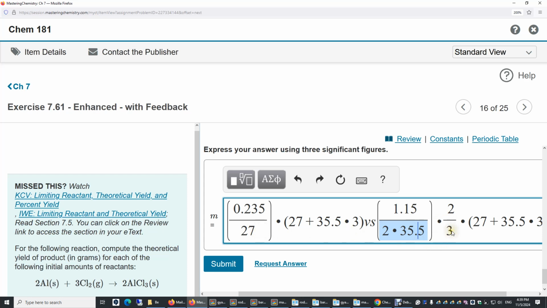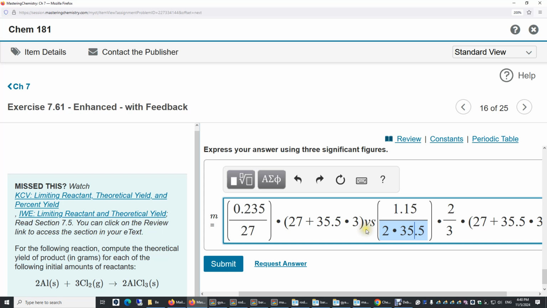Well, of course, you can just use a calculator to make the comparison. This number inside the parentheses, and also this number, to see which one is smaller. The smaller one is the correct answer.